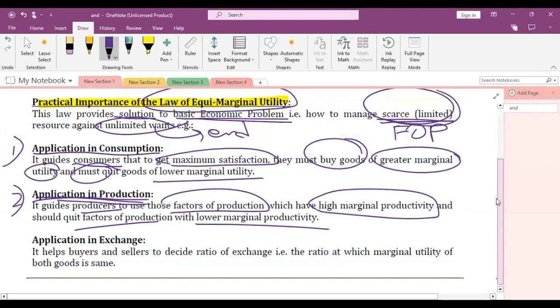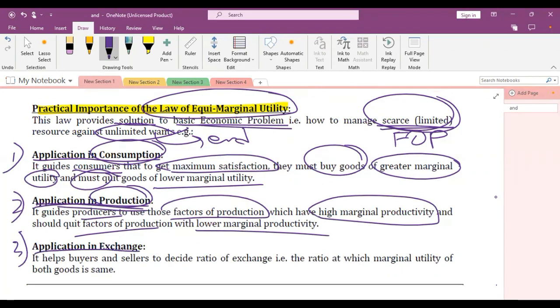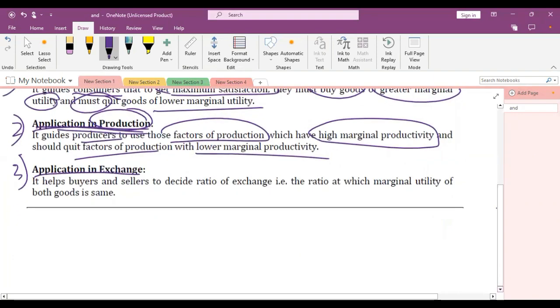Now, as this law has already helped the consumer and the producer, it also helps the layman to decide what to exchange and in whose correspondence it should be exchanged.